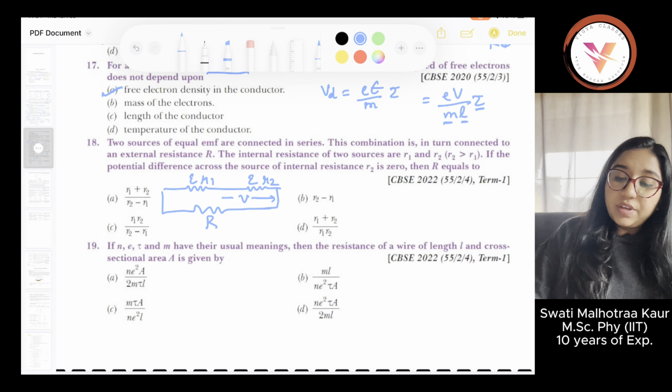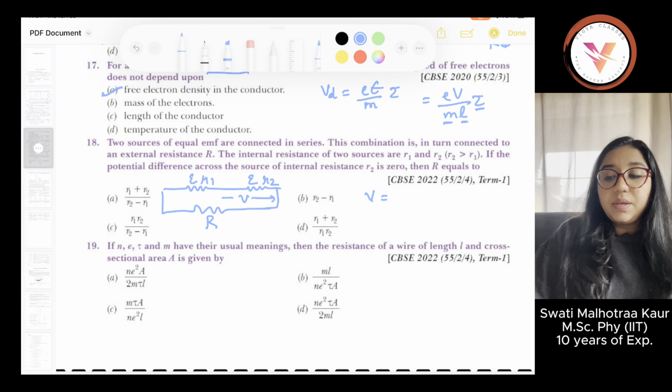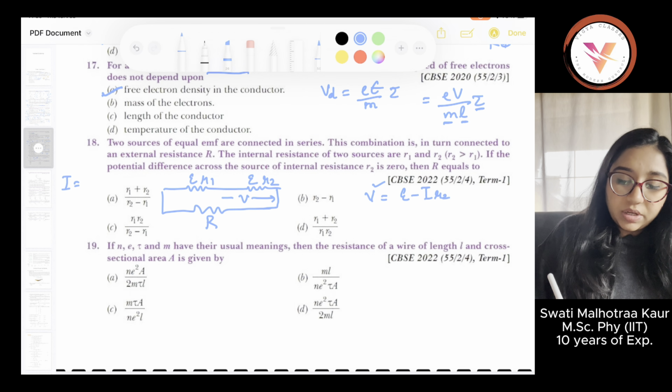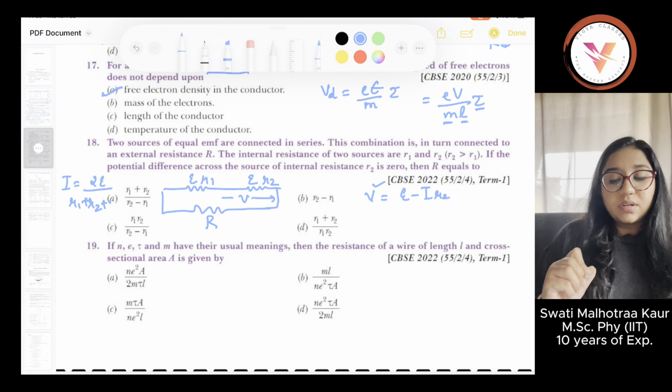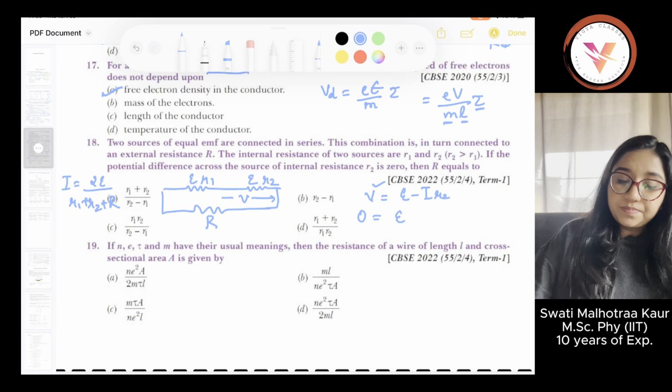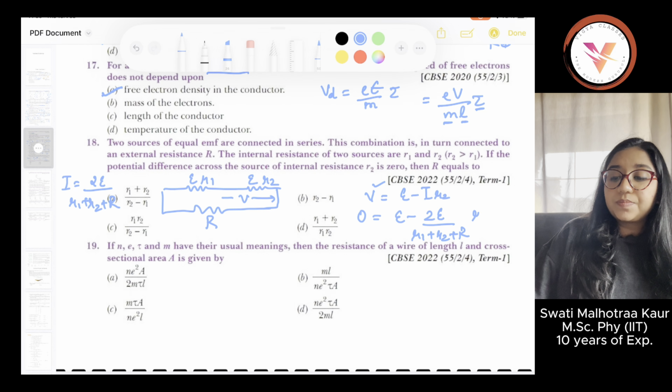Okay, so V is equal to E minus IR2. And if this V is 0, you can calculate I. I is EMF upon total resistance. So total EMF is 2E, and total resistance is R1 plus R2 plus the external resistance R. Then if V is 0, it is E minus 2E upon R1 plus R2 plus capital R, into R2.